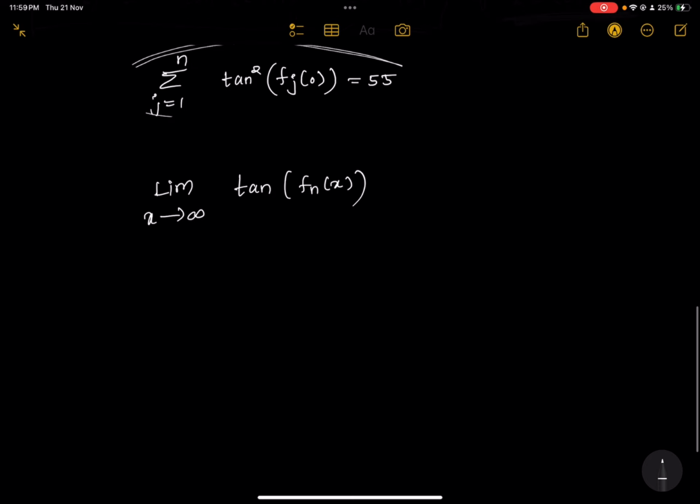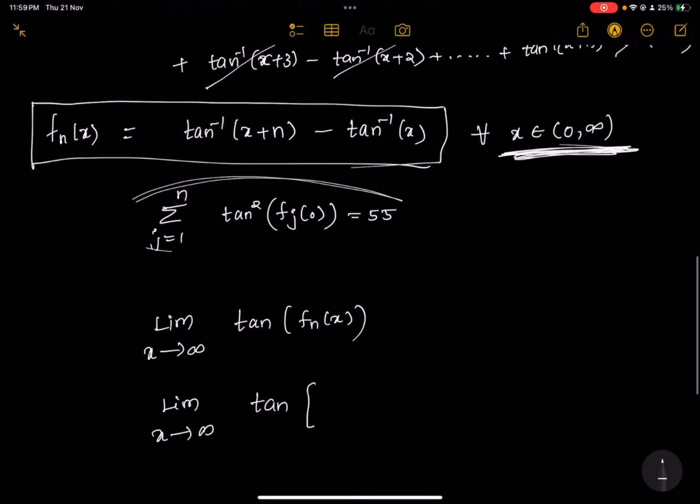We have to find out this. So limit x tends to infinity, tan fn of x is tan inverse of x plus n minus tan inverse of x. So tan inverse of x plus n is some angle and this is some angle.